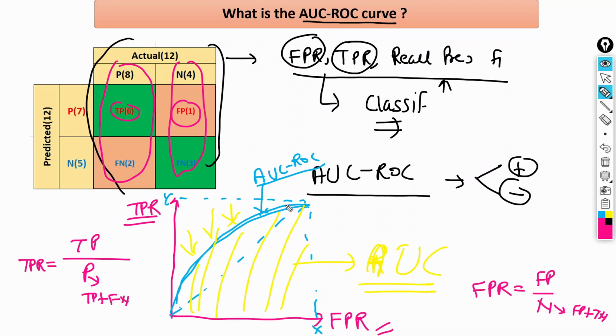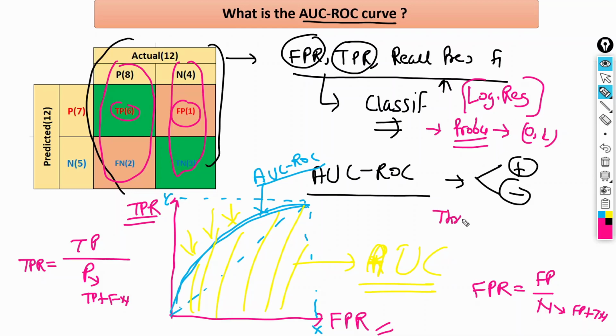So how do we draw this particular curve? For that we use different threshold values. As you know, in logistic regression, when we solve a classification problem, the output is in the form of probability, and we convert this probability into the classes 0 or 1, right? How do we transform it? We transform it with the help of a threshold value. Let's say I got the output values 0.2, 0.3, 0.8, 0.9.